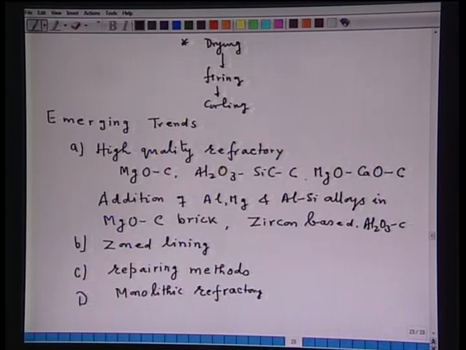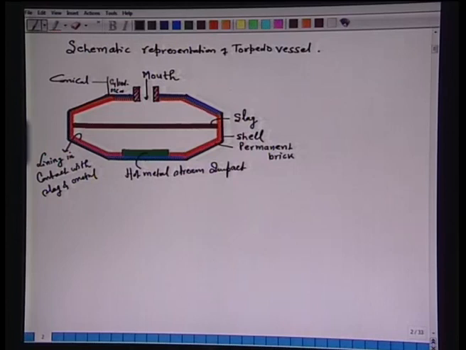So, let me show the zoned lining in certain reactors of steel making, and the first I have selected is a torpedo vessel. A schematic representation of the torpedo vessel is shown in this particular figure.